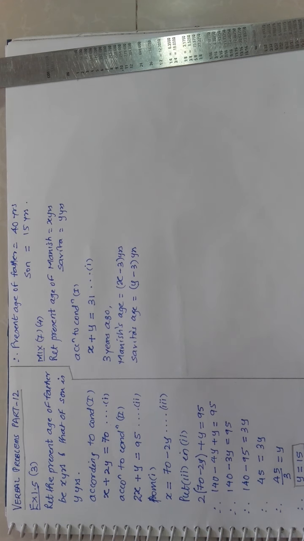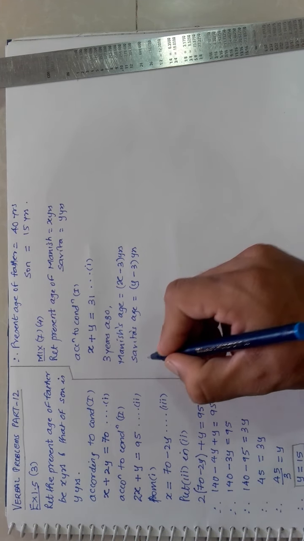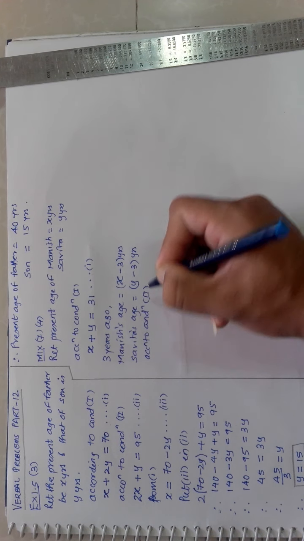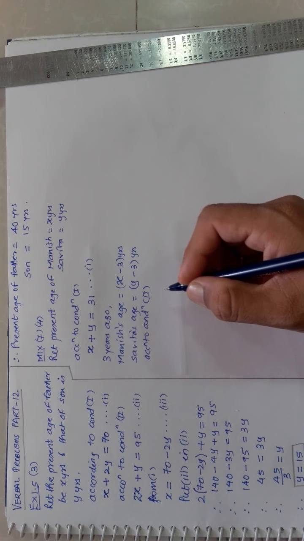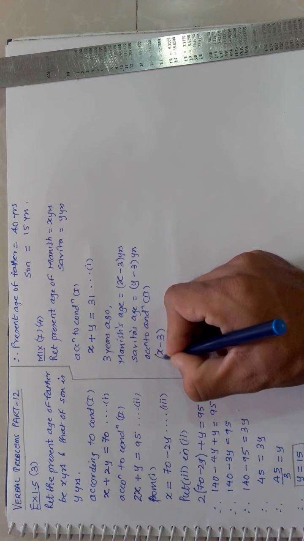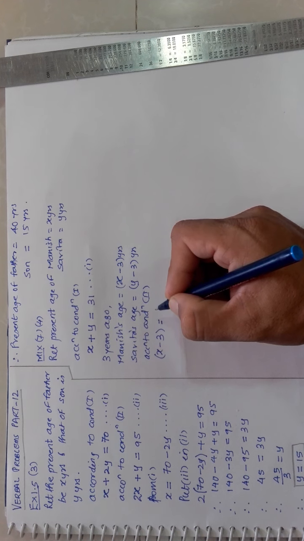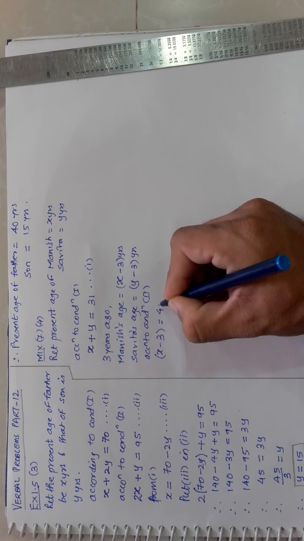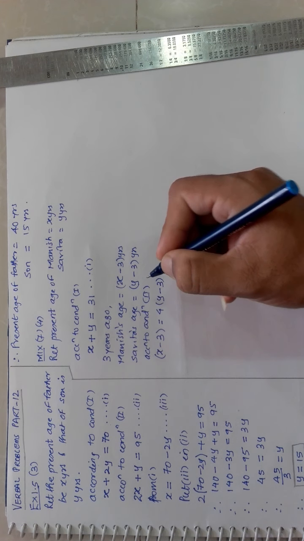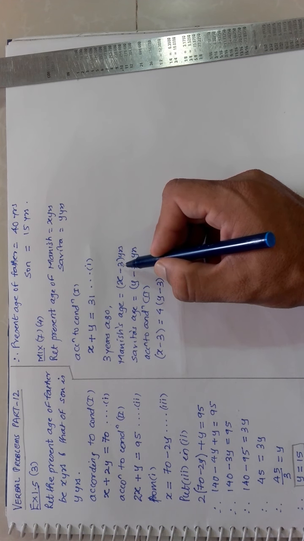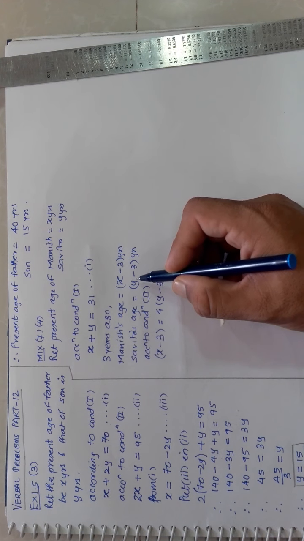Now what he says, 3 years ago Manish's age was 4 times. If you see condition number 2, it says Manish's age, that is X minus 3, they are talking about the age 3 years before. The relationship is established for the age 3 years before: it is 4 times Y minus 3, which is the age of Savita. Agreed? Manish's age 3 years before is X minus 3 and Savita's age 3 years before is Y minus 3.